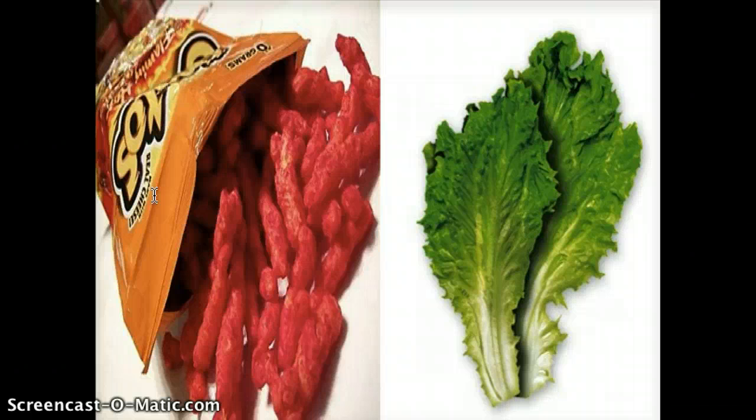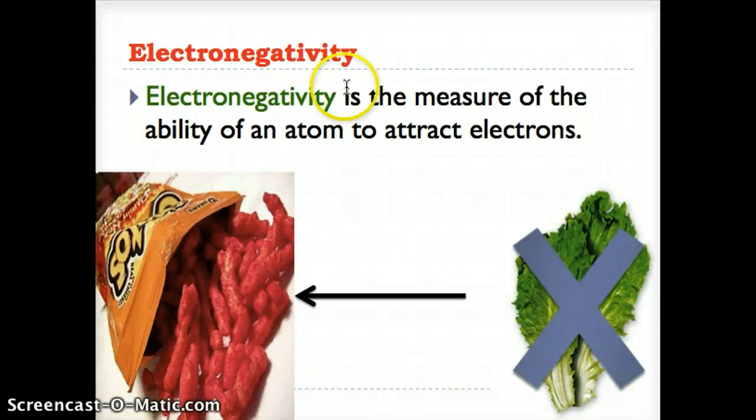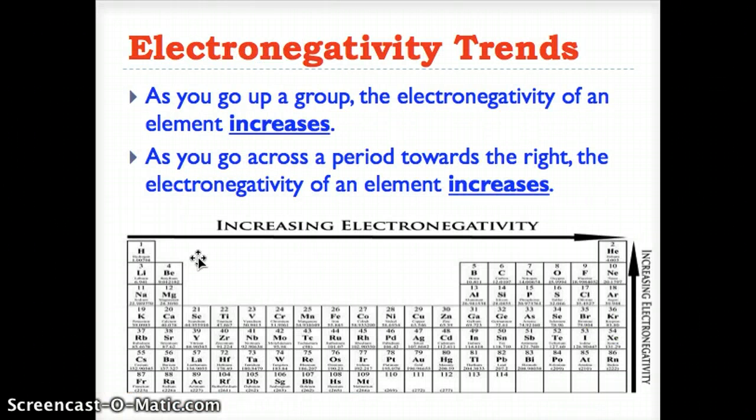For example, I have a higher electronegativity for the hot Cheetos because I'd rather eat hot Cheetos than a piece of lettuce. Okay, so my electronegativity is high with respect to the hot Cheetos. Electronegativity is the measure of the ability of an atom to attract its electrons. So I am more attracted to the hot Cheetos.